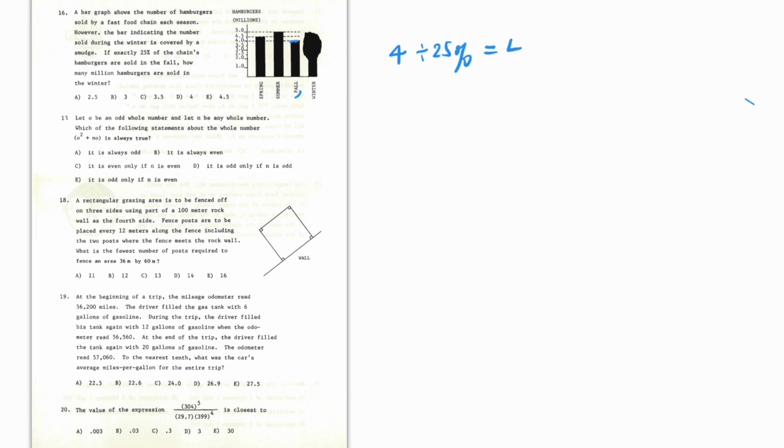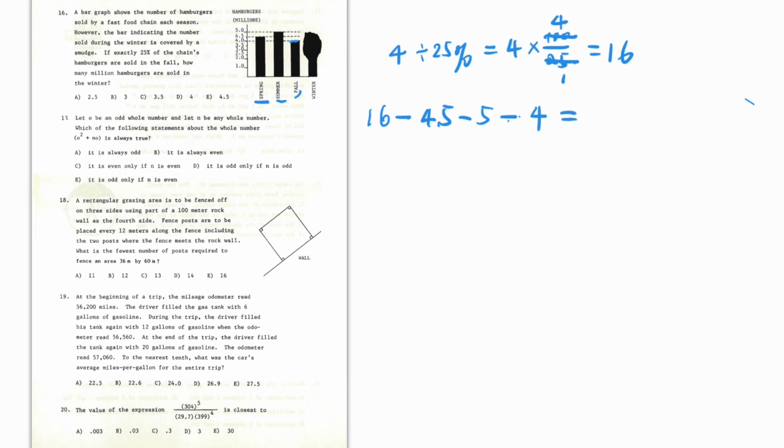So the all year is 4 times 100 over 25. Cancel 25, that's 4. So 16. That's the all year sale, 16 million, minus spring, that's 4.5, minus summer, 5 million, minus 4 million.